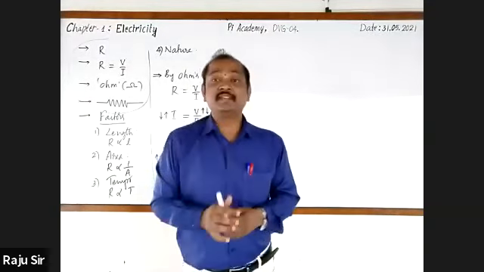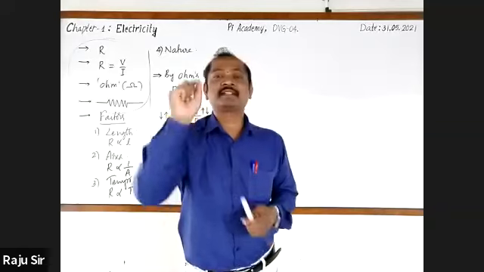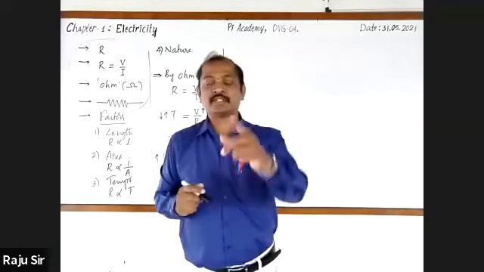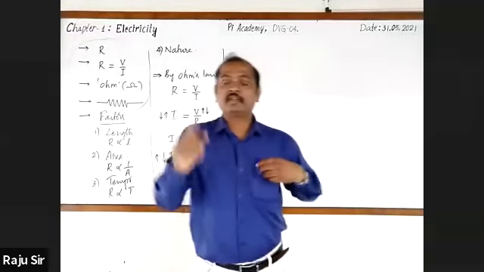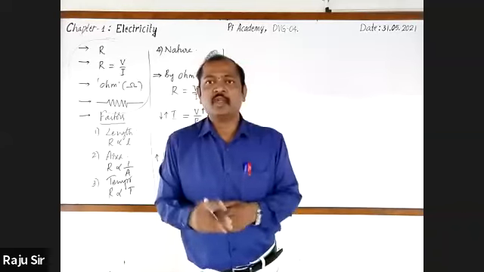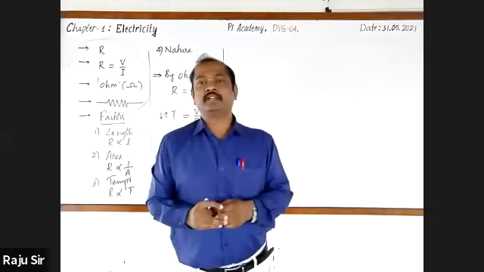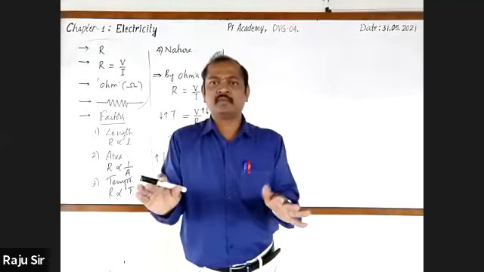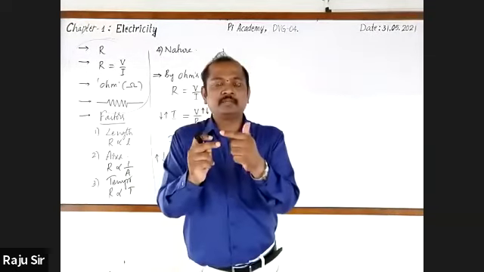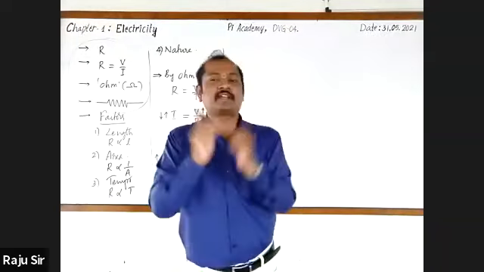It is variable resistance. Please do remember, once I repeat, the component which regulates the current in the circuit without changing voltage. Voltage remains same, yet it will change the current. It may increase the current or it may decrease the current.